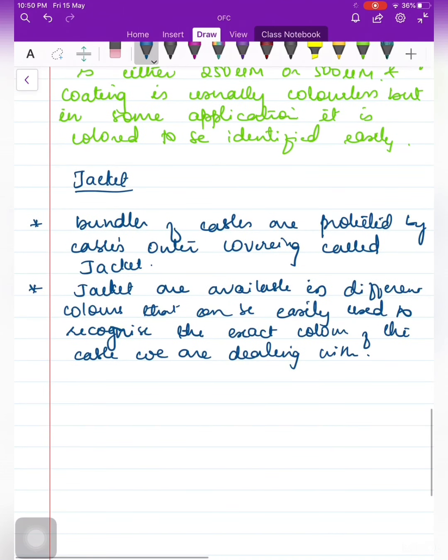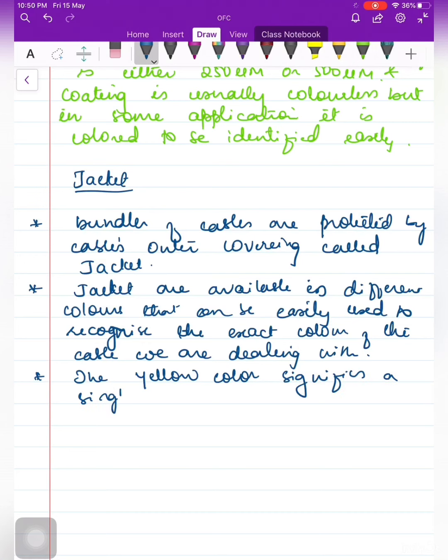For example, the yellow color signifies a single mode cable. Clear? And the orange color indicates multi-mode.